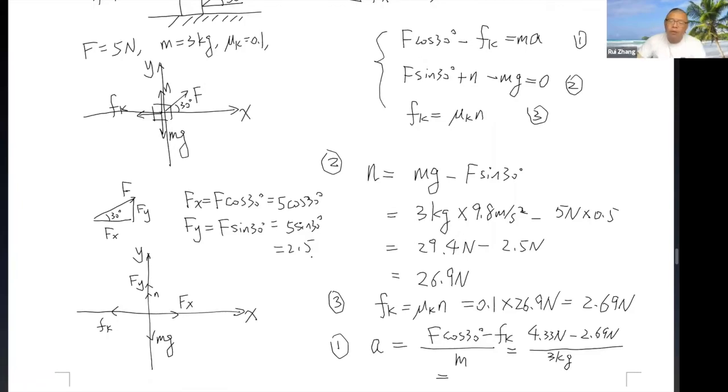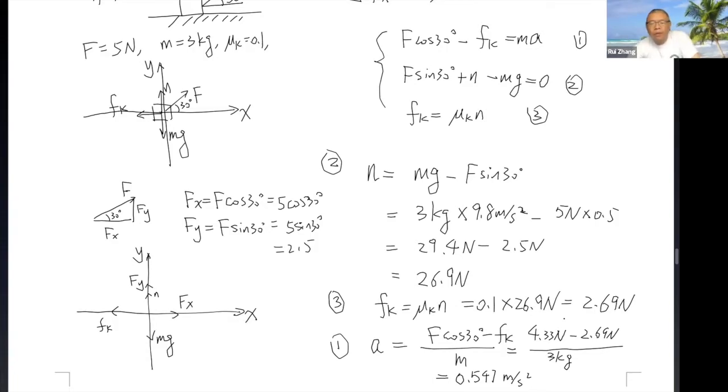So we have 0.547 meter per second squared. Somebody got about 3 meter per second squared. That's probably not right. Okay, I think what I got is right.